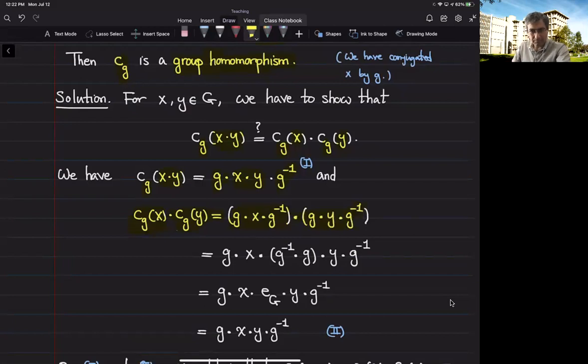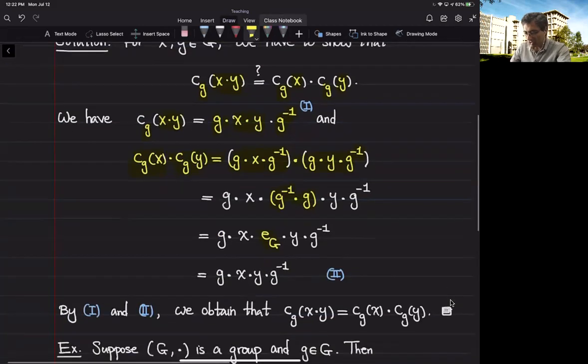Then I can drop the parentheses, or I can emphasize that I'm going to focus on multiplication of these two terms, and notice that they cancel each other out. g inverse dot g is just the neutral element, and the neutral element by definition is neutral in multiplication, so I can drop it out. It doesn't change anything.